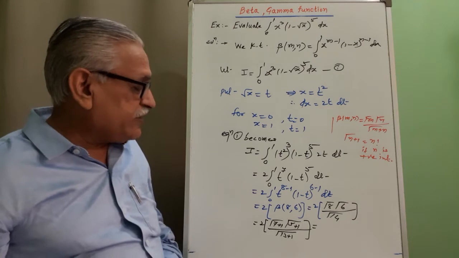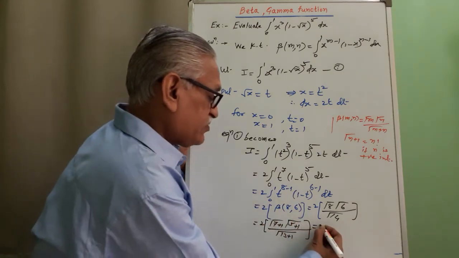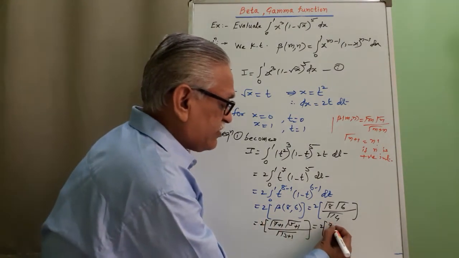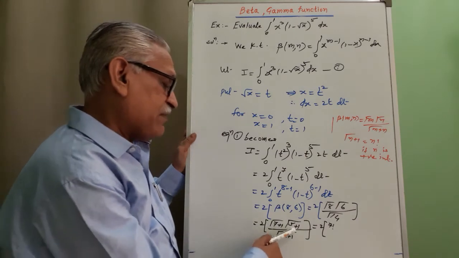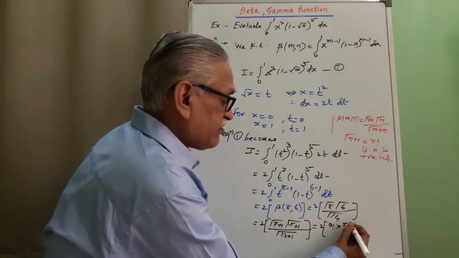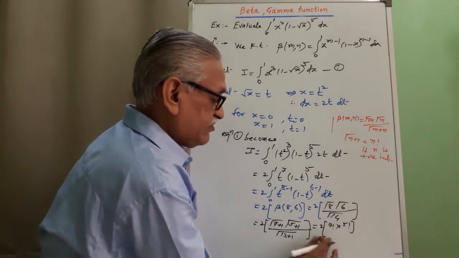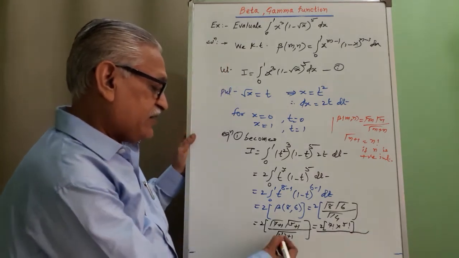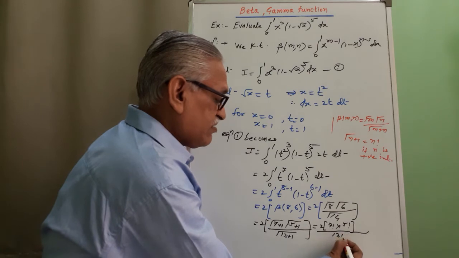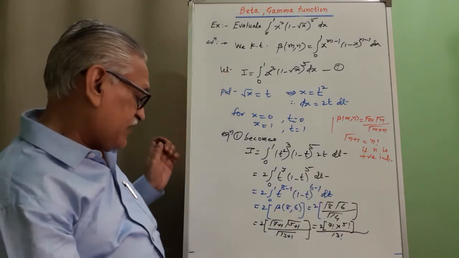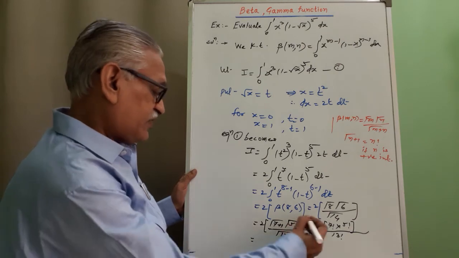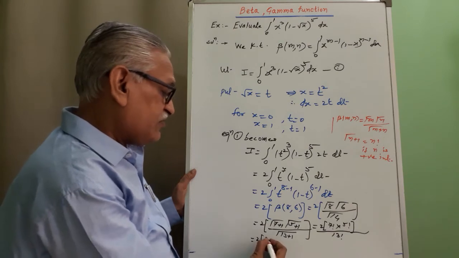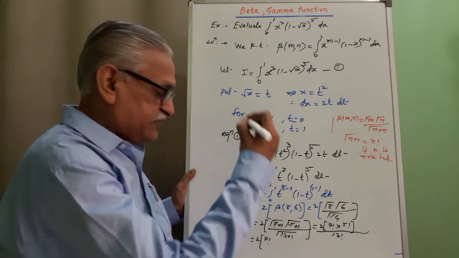Using this property, we get the value as 2 times gamma 7 plus 1, which is 7 factorial, gamma 5 plus 1, which is 5 factorial, divided by 13 factorial. So we get 2 as it is, no change, and 7 factorial I will keep as it is.